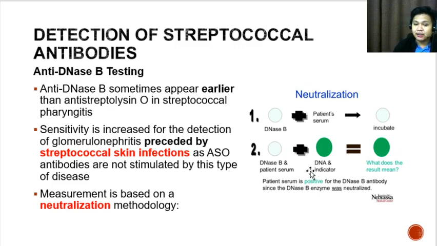This complex is green in its intact form, but when hydrolyzed by DNAse, the methyl green is reduced and becomes colorless. So in the presence of anti-DNase B, the depolymerization of DNA is prevented. So the complex will remain intact and there would be no color change.